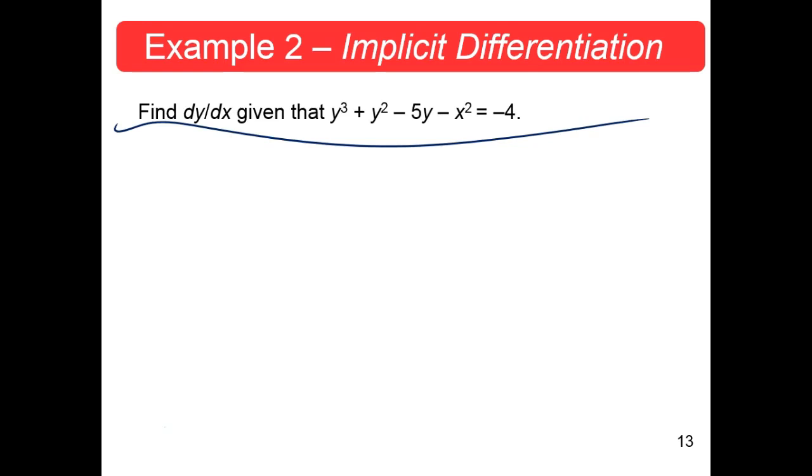Determine the slope of the tangent line to the graph of x squared plus 4y squared is equal to 4 at the point root 2, comma, minus 1 over root 2.